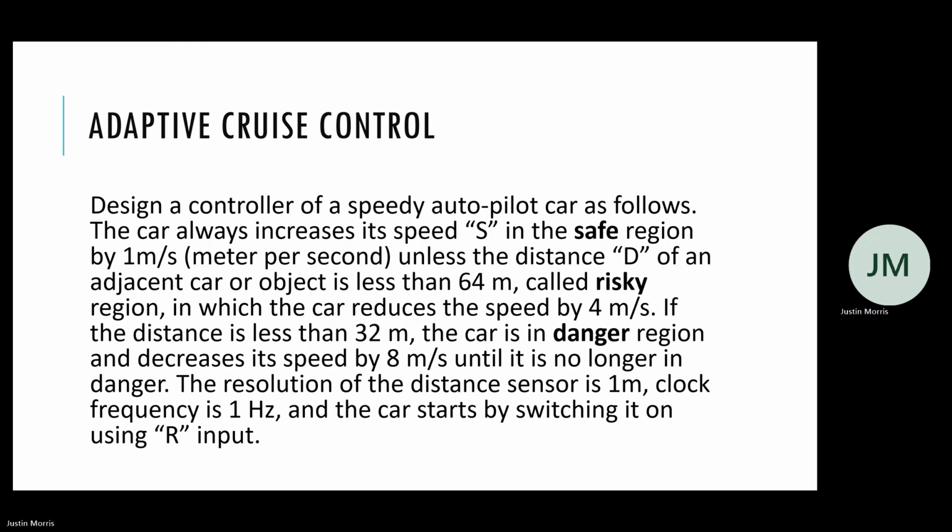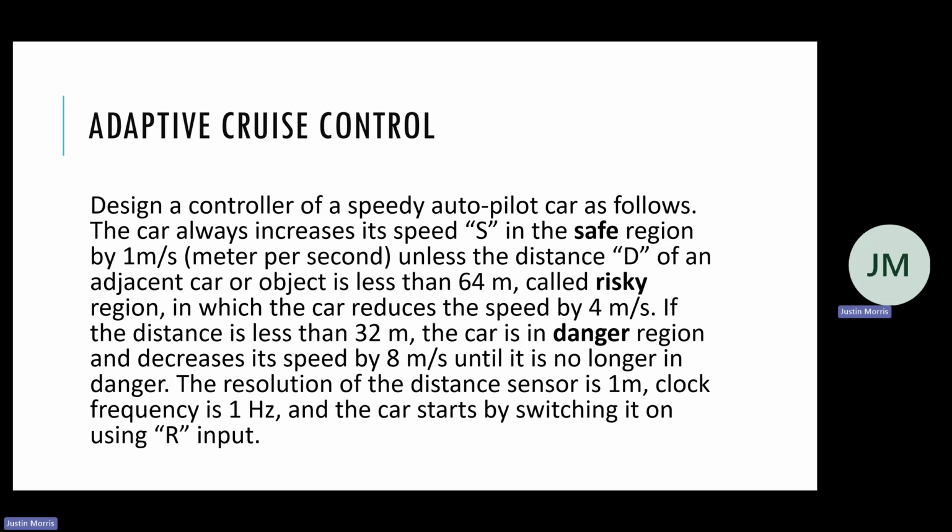Here is our practice problem for today. We're going to do it in multiple steps, just like how your homework and quiz will be. You want to design a controller of a car that can do adaptive cruise control. The car will always increase its speed in the safe region by 1 meter per second every single cycle, unless the distance d of a car in front of it is less than 64 meters.